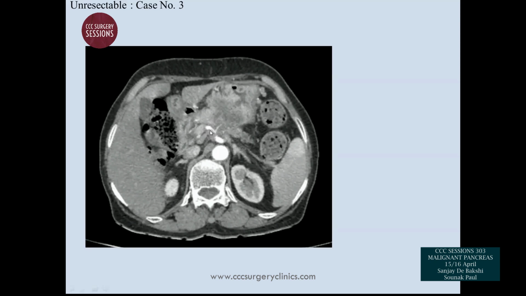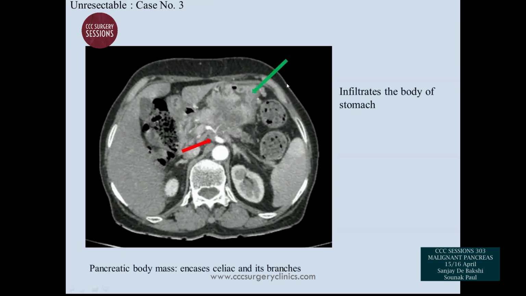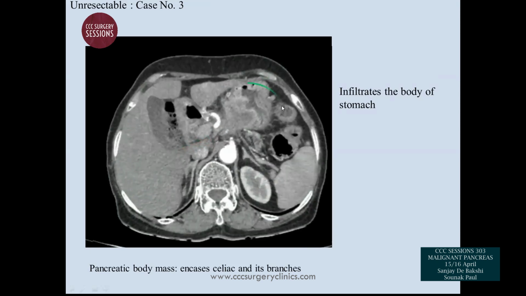The proximal common hepatic artery lumen is irregular. We can see a bumpy soft tissue which causes irregularity of the enhancing lumen of the proximal common hepatic artery. The mass further extends anteriorly or ventrally to involve the posterior wall of the stomach, and there is an ulcerated infiltration of the posterior wall of the stomach along the lesser curvature.